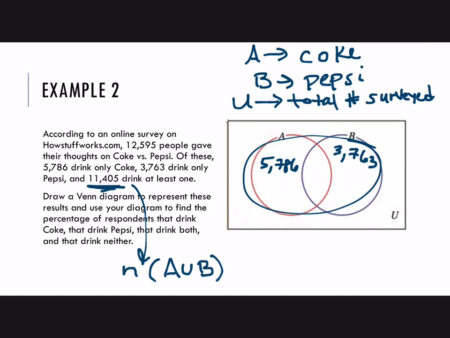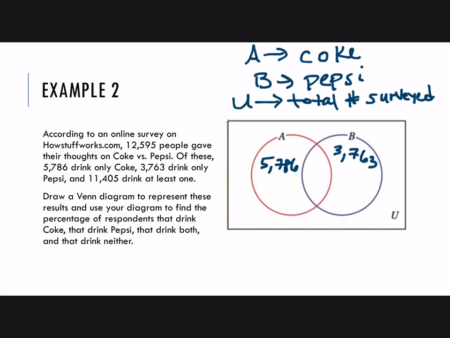If we just subtract these two numbers, the 5,000 number and the 3,000 number, that should give us the people in the middle who drink both. Okay, and that's 1,856.